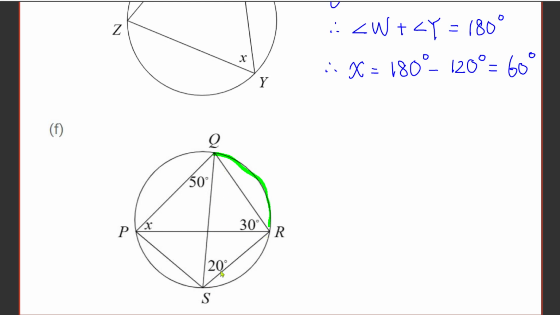QSR or RSQ is also inscribed in this arc RQ, right? Therefore, you can see angle QPR equals 20 degrees.